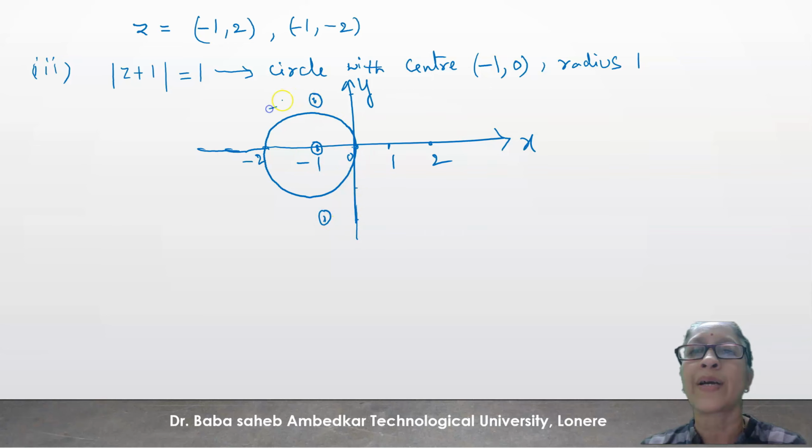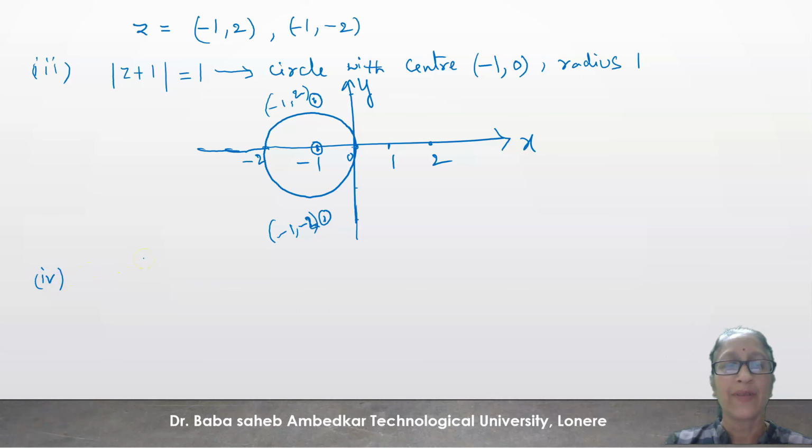So both these points are outside this circle. In the fourth step we observe whether these points lie within the circle or outside the circle.